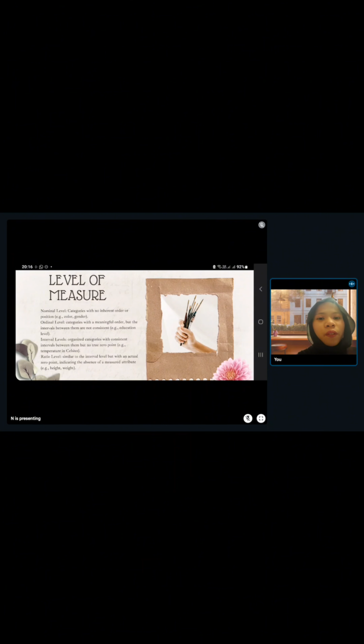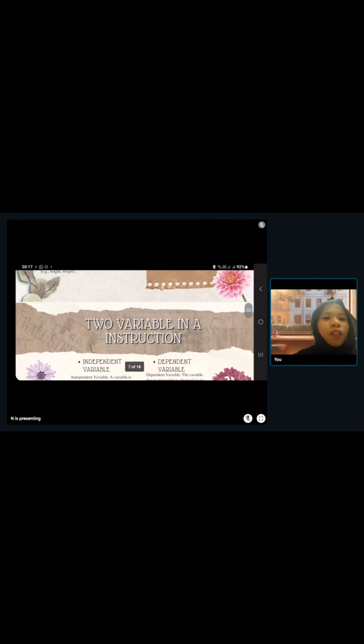Okay, let's go to the interval level. It has ordered categories with consistent intervals between them, but no true zero point. Example, temperature in Celsius. The ratio level is similar to the interval level, but with an actual zero point, indicating the absence of the measured attribute. Example, height and weight.